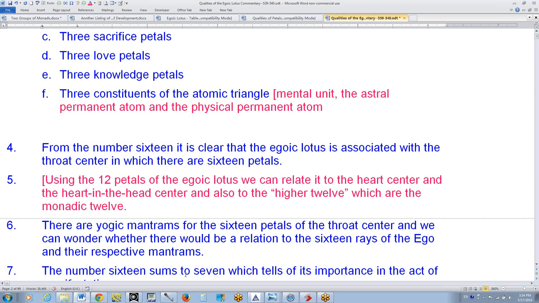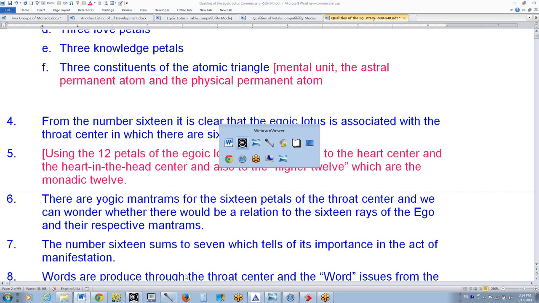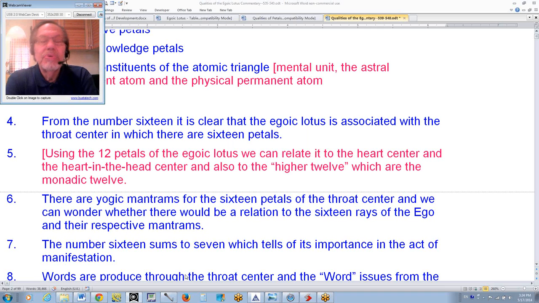The number 16 is a 7, and we know even that there's a point at which the throat center is ruled by the 7th ray. This happens when the initiation process starts, maybe even at the first initiation, when we have the sacral center ruled by Uranus rising to the throat, which then begins to be ruled in part by Uranus, the dispenser of the 7th ray, and the use of speech becomes more magical.